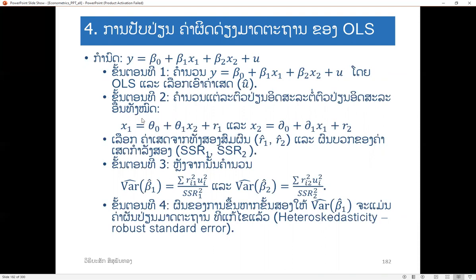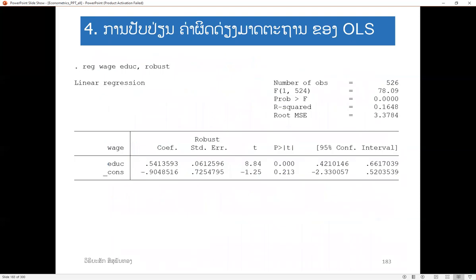Second, we regress one independent variable on the other independent variables and obtain the residual from this sub-equation, and also obtain the SSR from these equations. After that, we compute the variance of beta 1 and beta 2 using the residual from the sub-equation and the residual from the main equation, divided by the SSR. Taking the square root of this gives the heteroskedasticity-robust standard error.